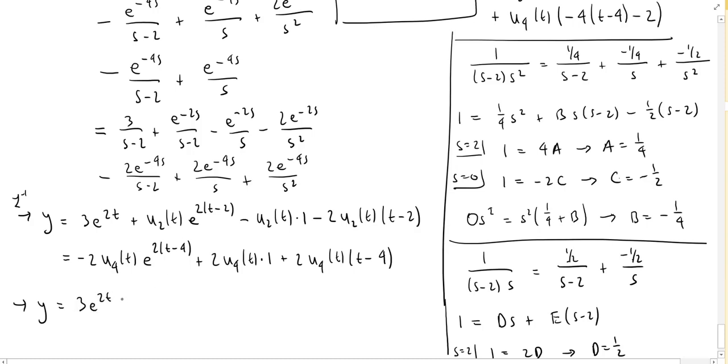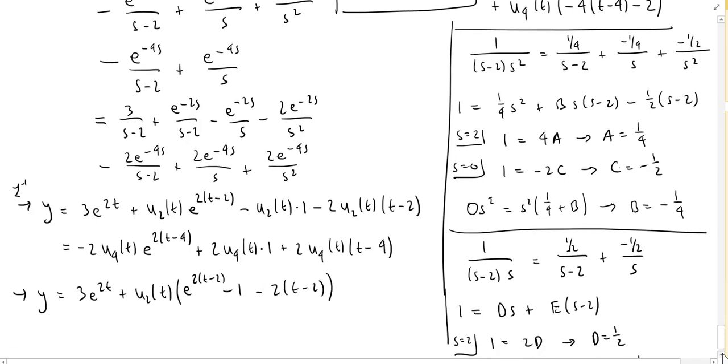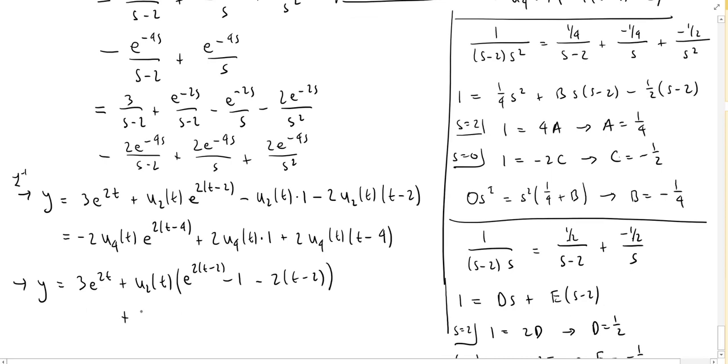How many u2 of t's do we have? We have e to the 2 times t minus 2, minus 1, minus 2 times t minus 2. Again, maybe you could simplify this a little bit, but we don't want to worry about those things.